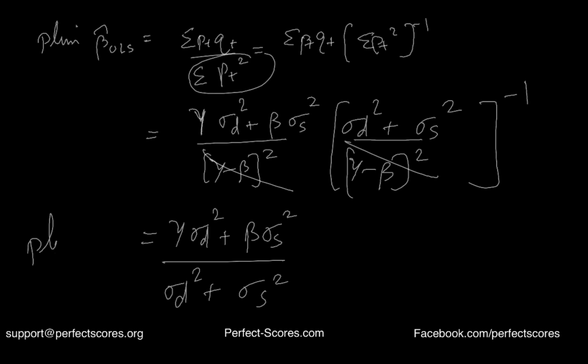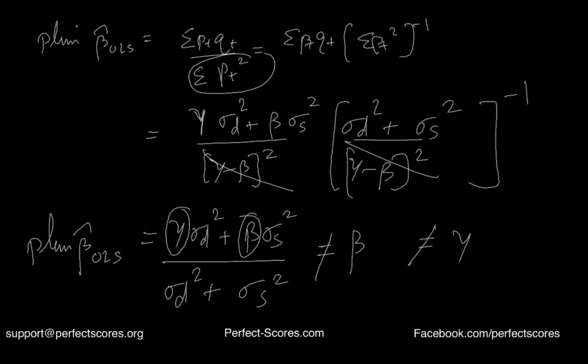So this is equal to the probability limit of beta OLS. Now my question is, is that equal to beta, or is that equal to gamma? No, it is not, because this is the weighted average of beta and gamma. If you're taking the weighted average here, this can never be equal to beta and this can never be equal to gamma. This value is always going to be somewhere in between beta and gamma.